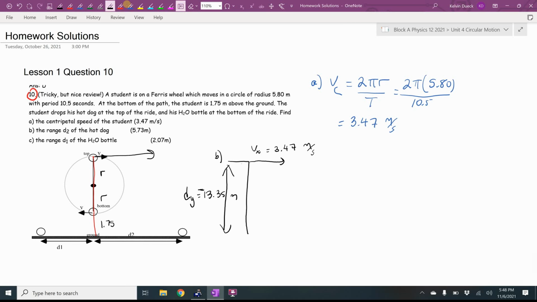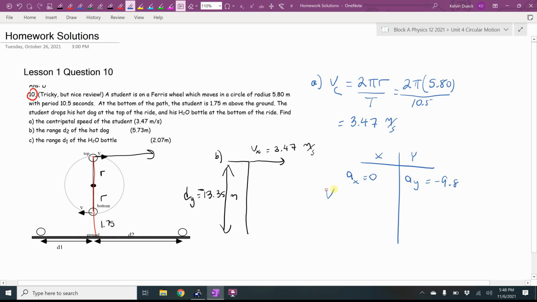And now we're doing a projectile. It's going to be a t-table. X, y, where ax is 0. Sorry, I'm doing this on my home laptop, and my home stylus is not as good as my school stylus. Ax equals 0. Ay equals negative 9.8.